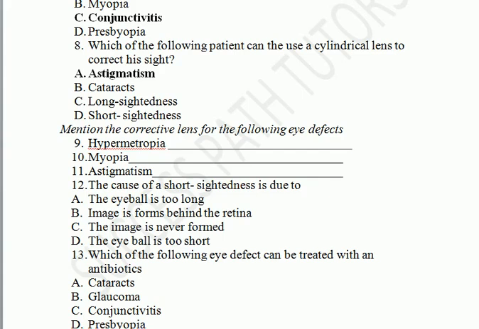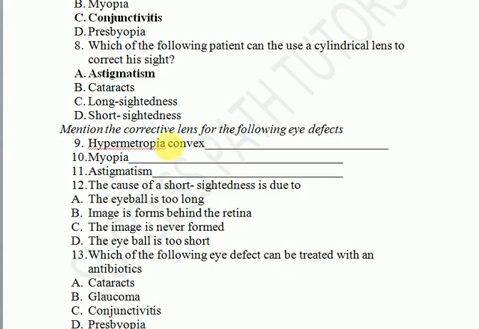So we need a lens that will make it converge on the actual point, so that the image is formed in the right place, and that kind of lens is called a convex lens. So a convex lens is what is used to correct hypermetropia, and it happens most times when people's eyeball becomes too short.